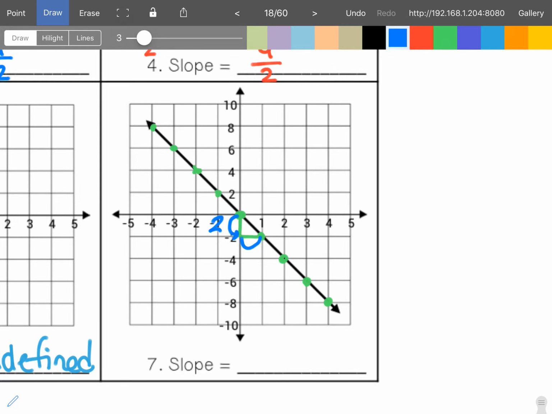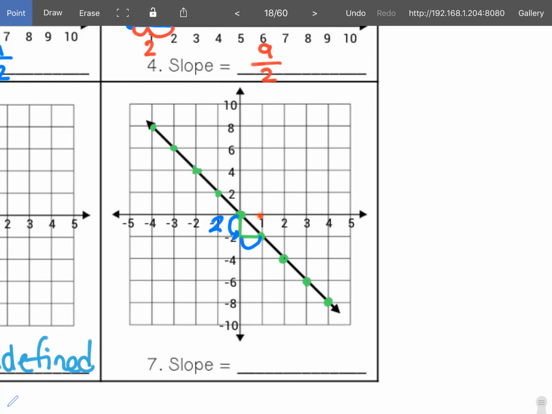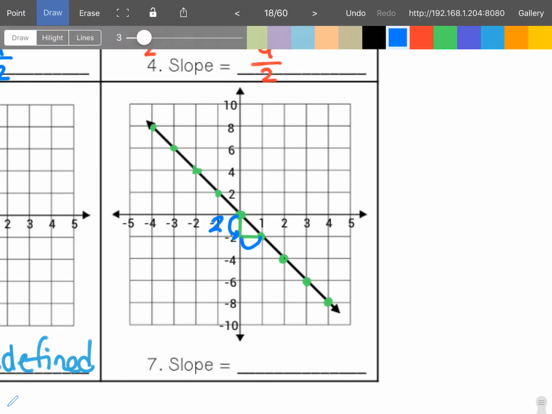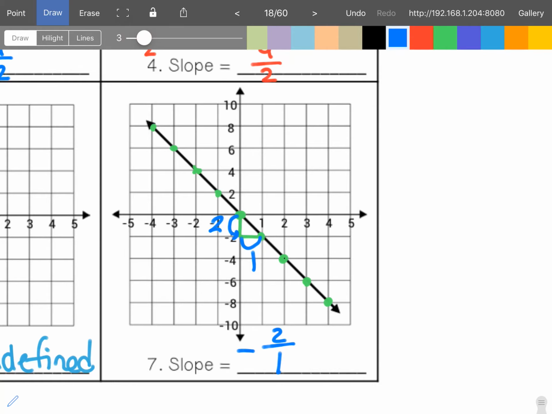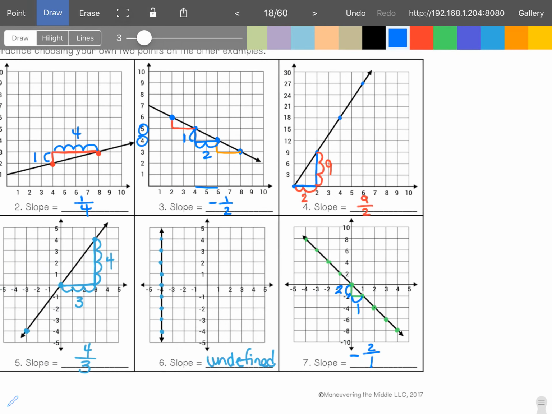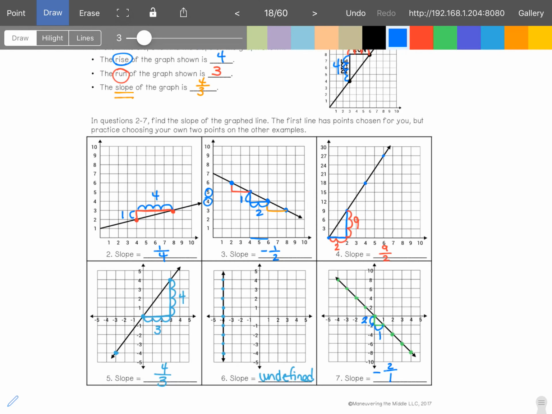And then my run, if I just look along the x-axis, these are counting by 1s, so my run is really just 1. So rise, which is 2, over run, which is 1. And then you have to decide, is it positive 2 over 1 or is it negative 2 over 1? So we start up here, and it's going down, so it's going to be negative 2 over 1. Okay, that is our lesson on slope.